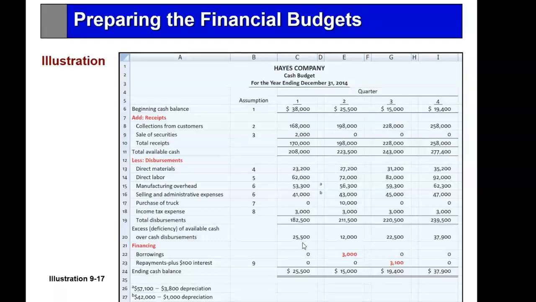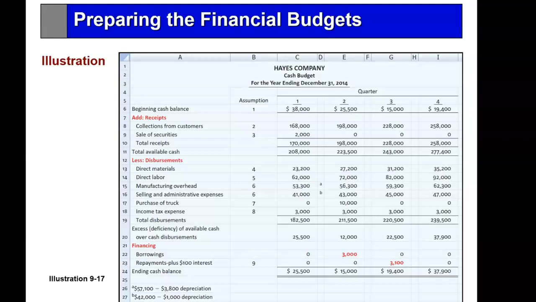I have $25,500. Management says I need $15,000. I have more than $15,000. I have $25,500. So I don't have to borrow, and I haven't borrowed in the past, so I don't have to repay. So I end the quarter with $25,500, and I begin the next quarter at $25,500.